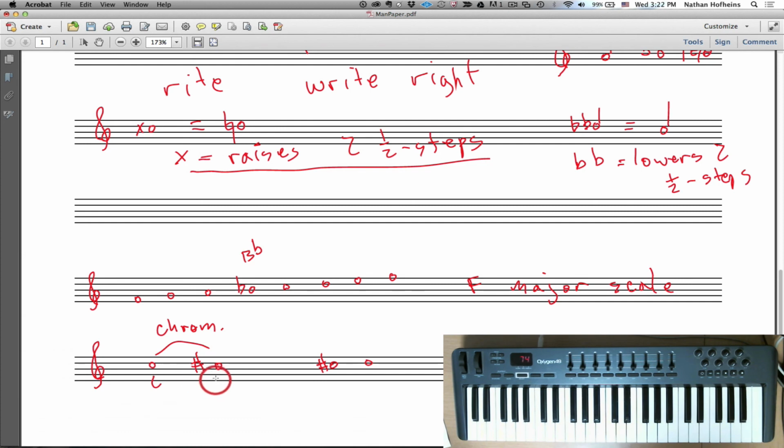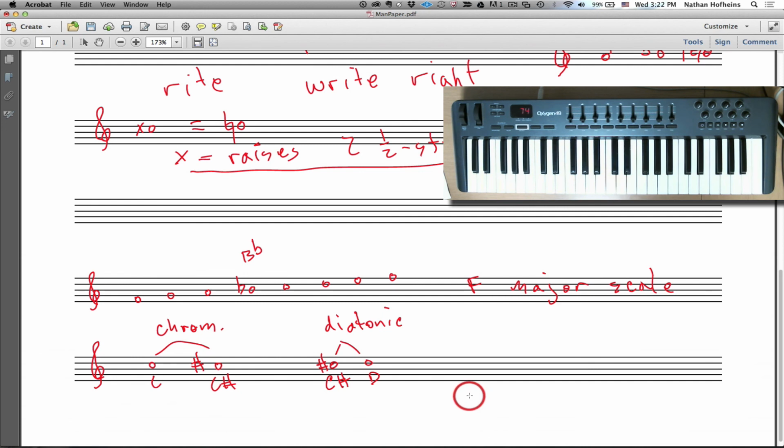Okay? If we go from like a C sharp to a D, right? We've got a C to a C sharp, and we've got a C sharp to a D. It's still a half step, right? C sharp to a D, but we're changing the letter name. We'd call that a diatonic half step. That's all that's saying. If the letter name stays the same, it's a chromatic half step.